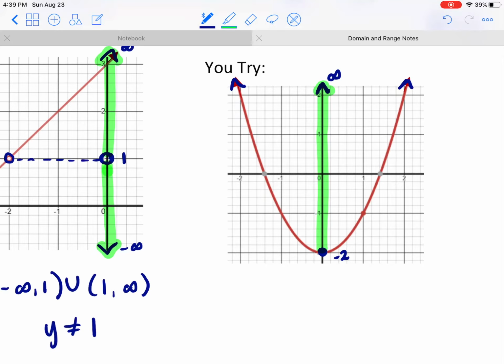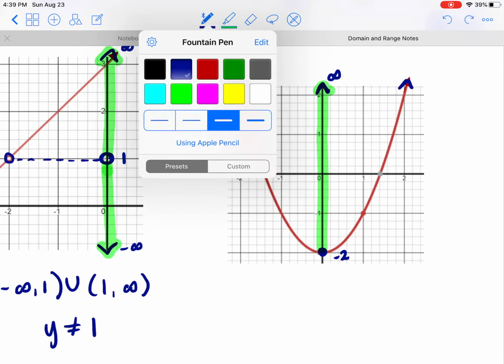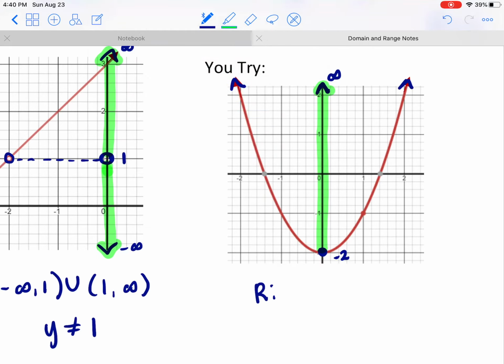Just make sure that when you're reading this, you're not going to go infinity to -2. It's got to be bottom to top, lowest to highest. So this range goes from -2 to positive infinity. And since -2 is a normal closed point, we can include the -2 with a bracket. Or we could say all these y values are greater than or equal to -2.